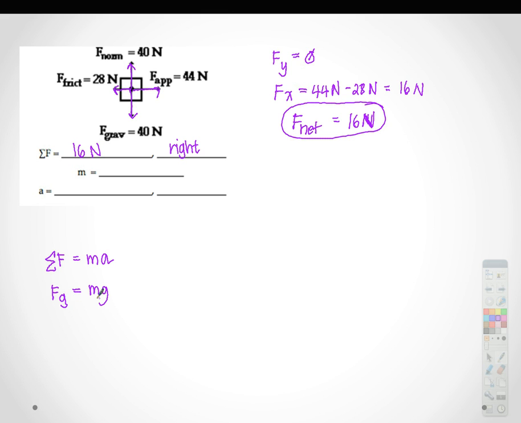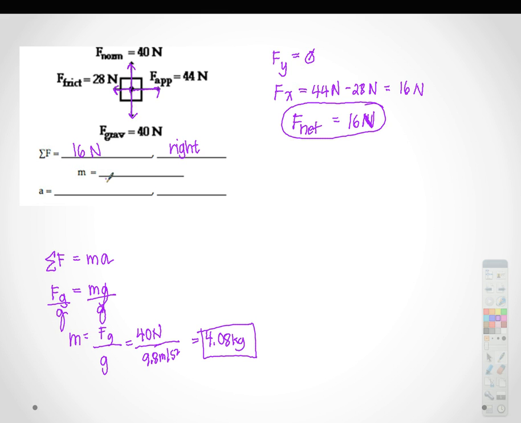If you rearrange this equation, dividing both sides by g, our mass is equivalent to Fg over g. Our Fg is 14 newtons. Our acceleration due to gravity is always 9.8 meters per second squared on Earth. If you divide these two, you should be getting 4.08 kilograms. And that is our mass.